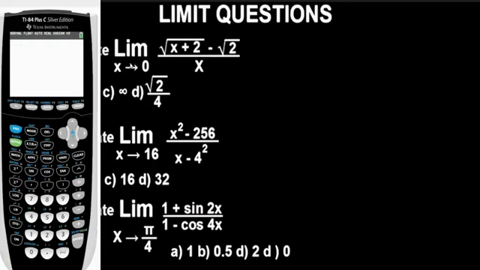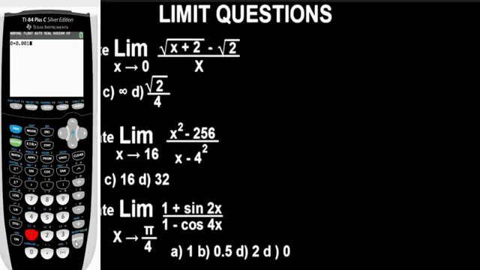Right now, this question one, the limit x is tending to 0. We're going to add 0.001 to this 0. So basically, it will be 0 plus 0.001. Once you do it, don't press enter yet.